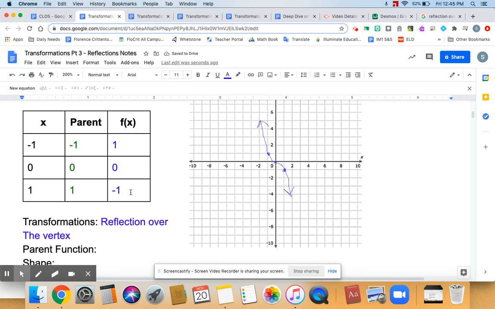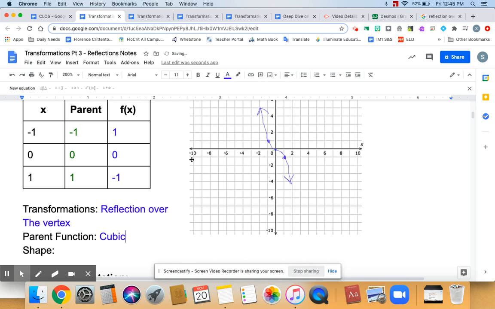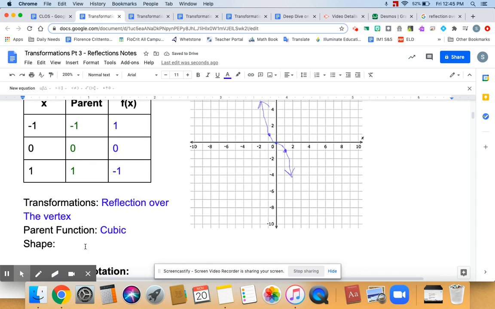Parent function was the cubic because it had the x cubed. And the shape is the up and down sort of S that it made.